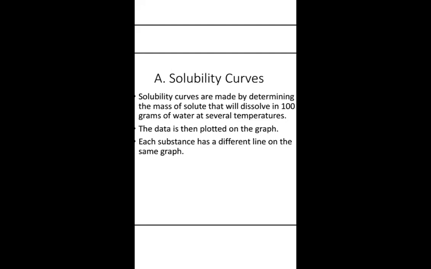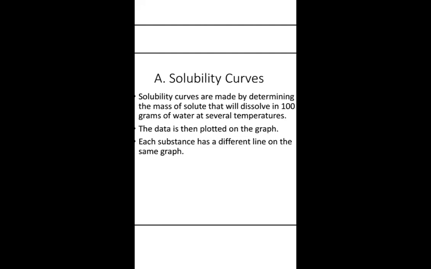Because the mass of a substance which will dissolve at a particular temperature might vary in the way it's going to dissolve at another temperature. So the manner used in representing solubility data in a graphical method is what we call the solubility curve. So the data is then plotted on the graph, and then you can use the graph of several salts and detect how soluble they are going to be in a particular solution, or most importantly, water.